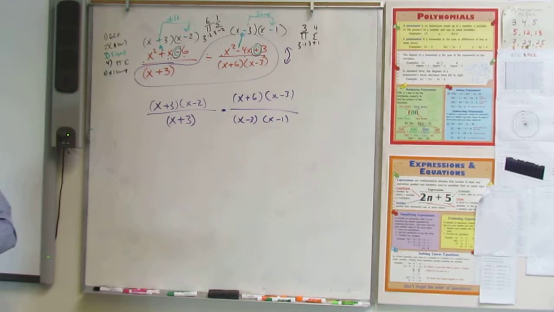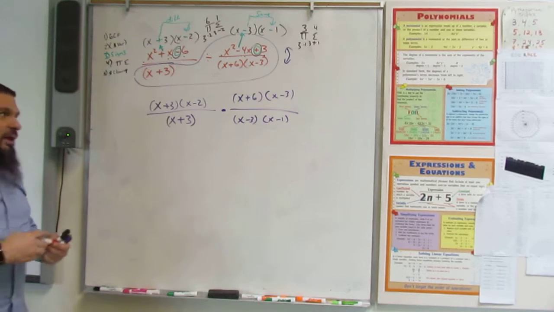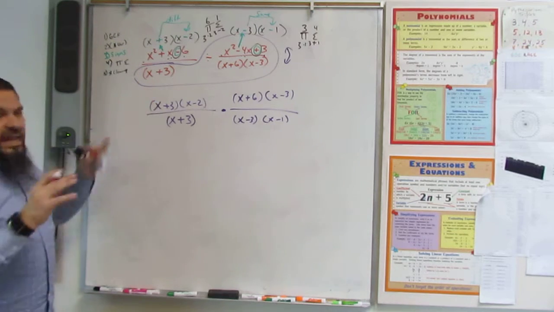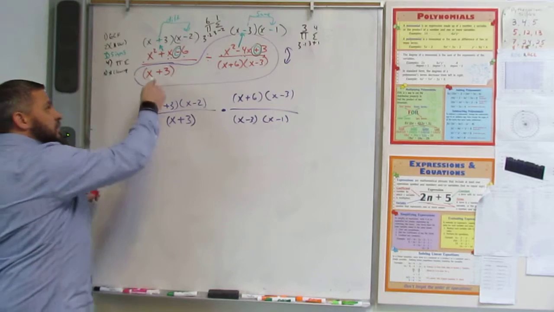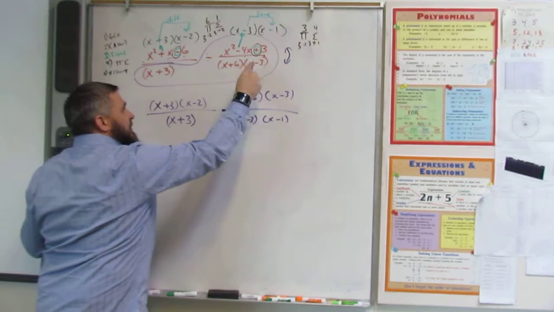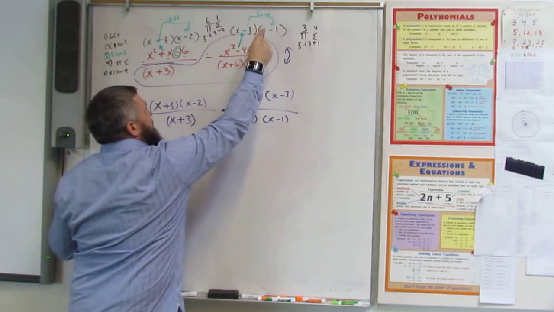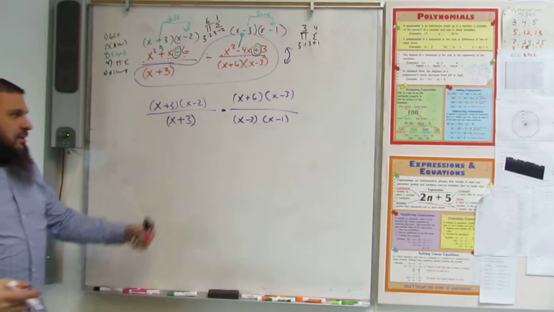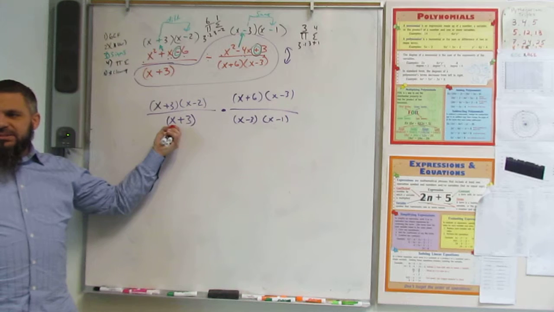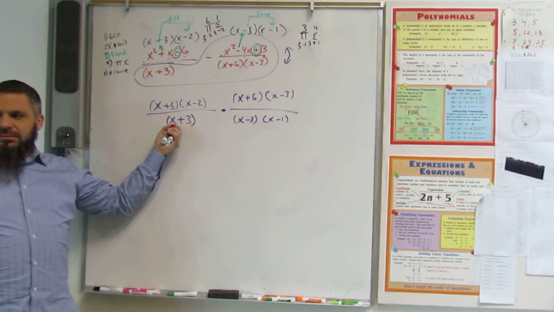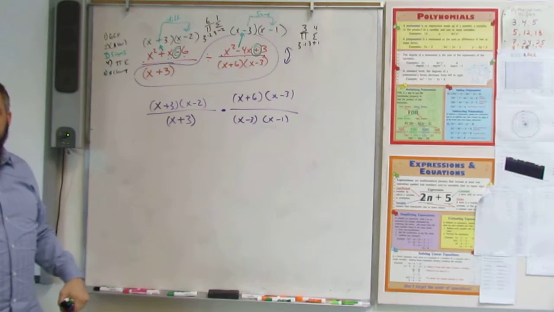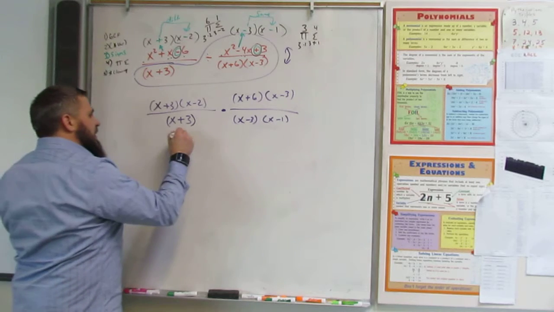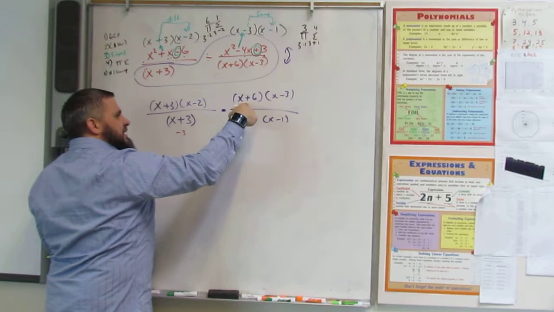Okay? And then do you remember what the x's can't be? This can't be 0, this can't be 0, this can't be 0, this can't be 0, and this can't be 0. And we can figure that out really easy. What would make this go to 0? What do I add to 3 to give me 0? Negative 3. What do I add to 6 to give me 0?